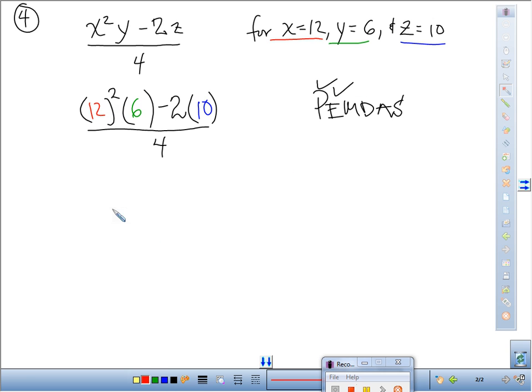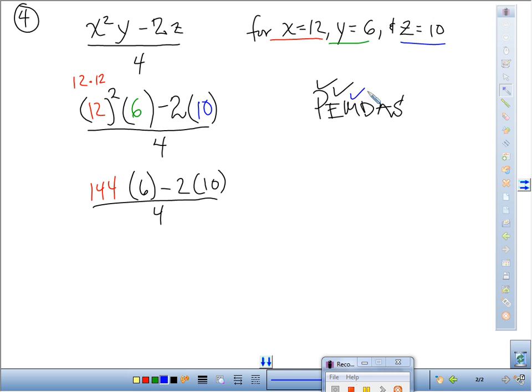What is 12 squared? Let me rewrite this so you can see it. This means 12 times 12. It doesn't mean 12 times 2. Some of you do that. That is incorrect. So this becomes 144, and I bring everything else down. Times 6 minus 2 times 10 over 4.